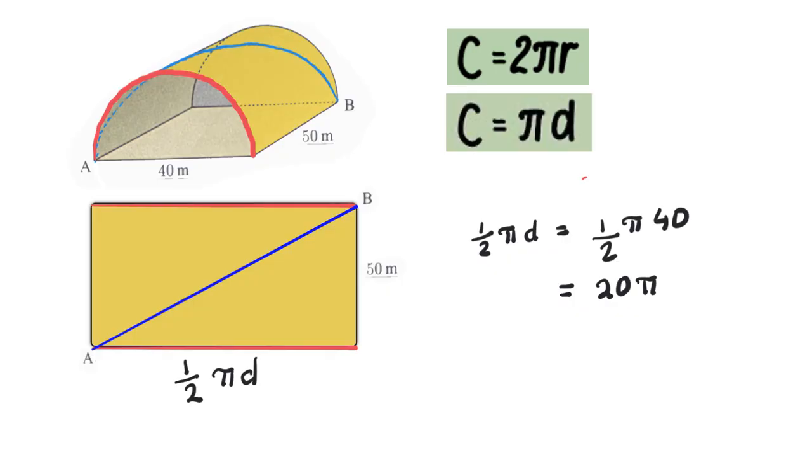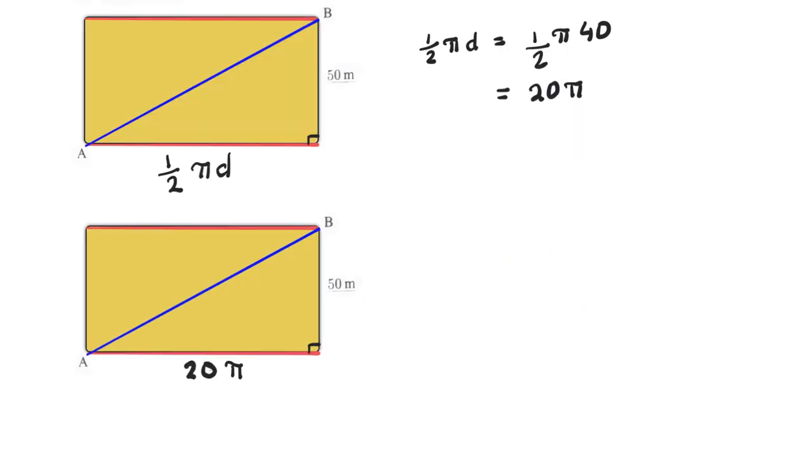Now we know that our cable runs from A to B, and this is the diagonal of this rectangle. To find the length of this diagonal, we will need to use the Pythagoras theorem because we have a right-angled triangle. So now we have a rectangle with the following measurements: 50 meters here and 20 pi on this side.